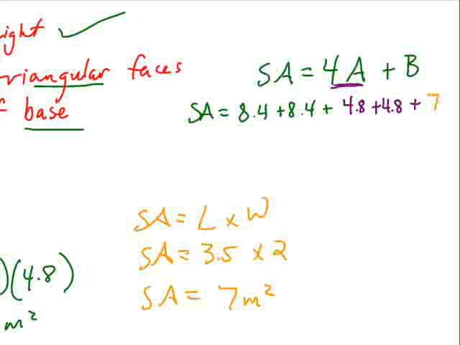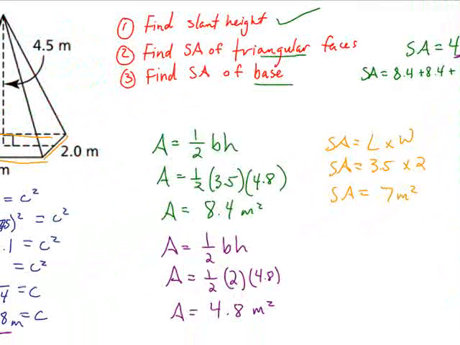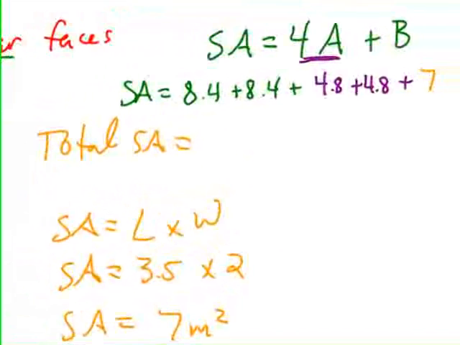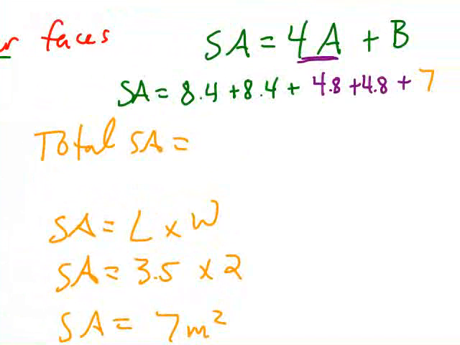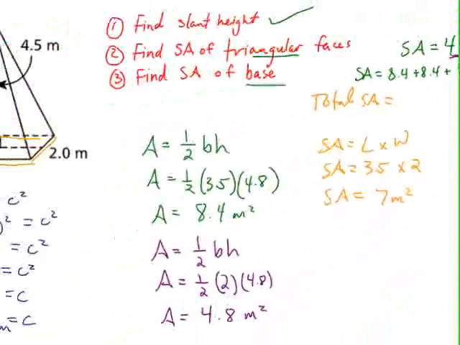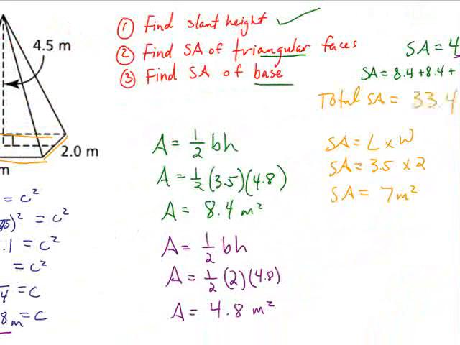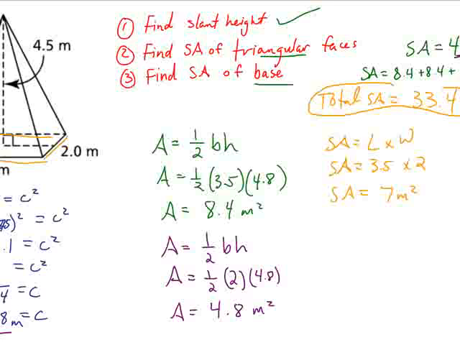Now we simply add up all of the faces and we'll get a total surface area. So our total surface area is 33.4 meters squared. A little bit of work was needed to figure this out, but if we break it up into steps, it ends up being fairly simple.